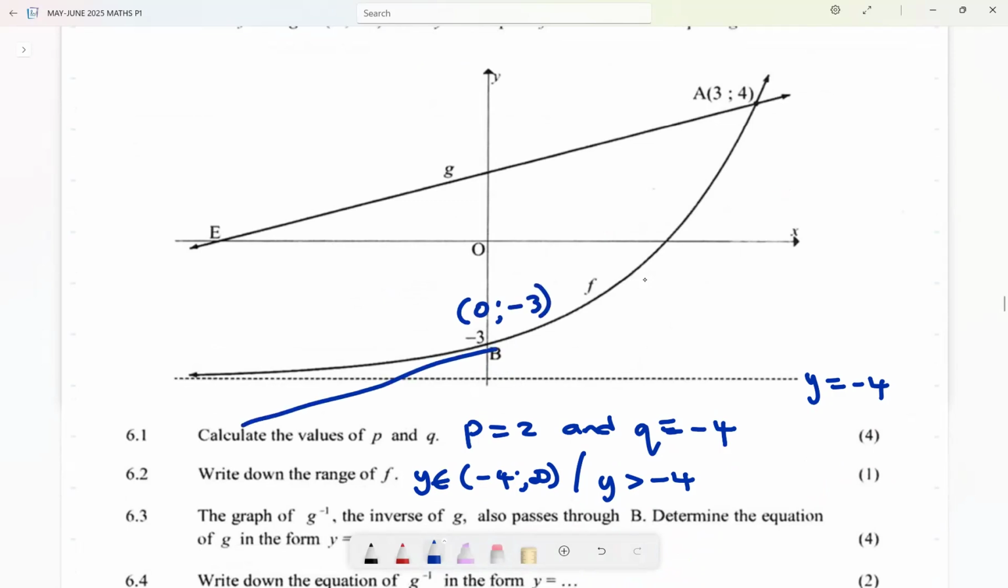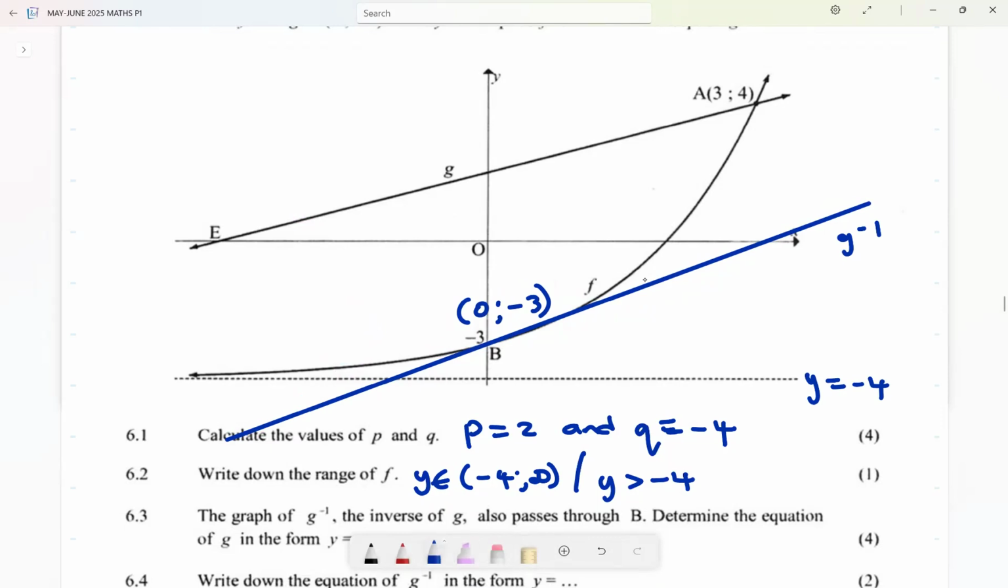So if the inverse passes through that point, it means, if this is G to the power of -1, or G inverse, it means this coordinate, if I were to take it to the coordinate of G, remember, if I have a coordinate on G, when I translate it to the inverse, it's going to just swap again.